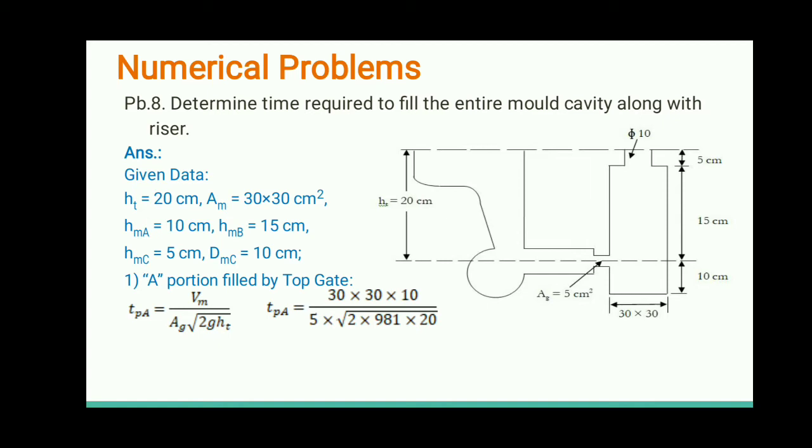Here everything we are writing in centimeter, so this g, 9.81 meter per second square, we also convert into centimeter per second square, that is 981. When we put all these values and calculate, we get 9.09 second. So the time required to fill the A section is 9.09 second.